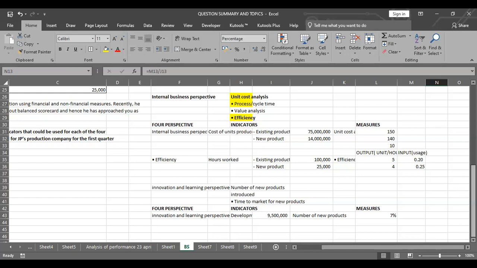Especially if a division has been given the autonomy or the power to sell, then it has financial performance, like we saw in transfer pricing. If it has that power, then there is sales involved. There is also the issue of innovation: how innovative is the department, have they improved the products, and learning.